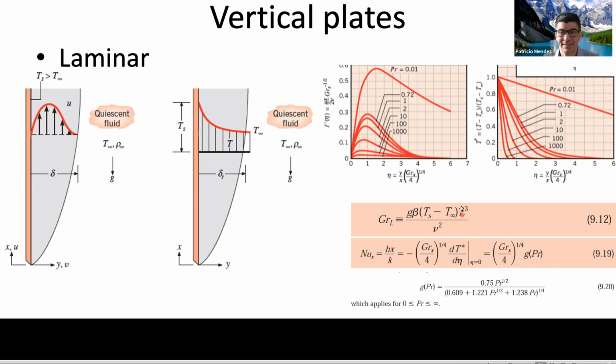And here we have how tall our plate is. Taller plates have higher Grashof numbers, right? And it would make sense because a taller plate would have a lot more force due to buoyancy.